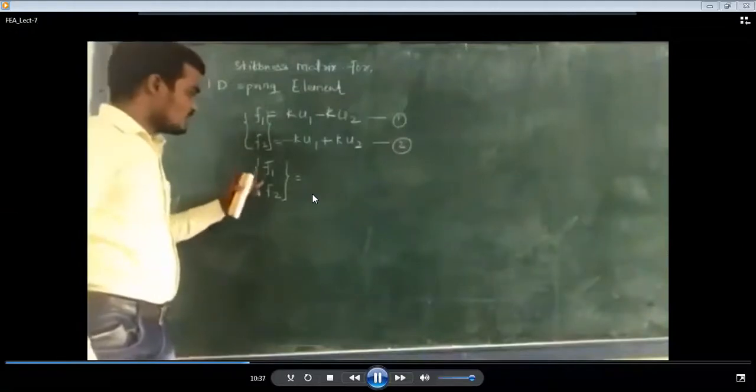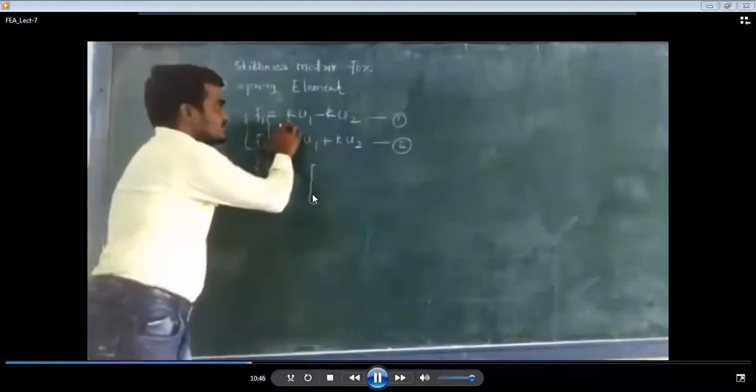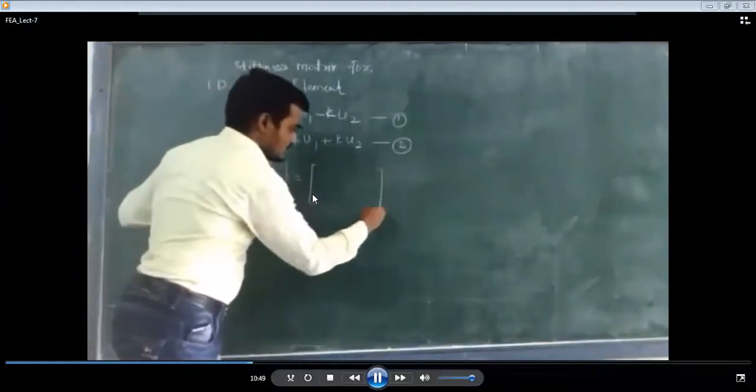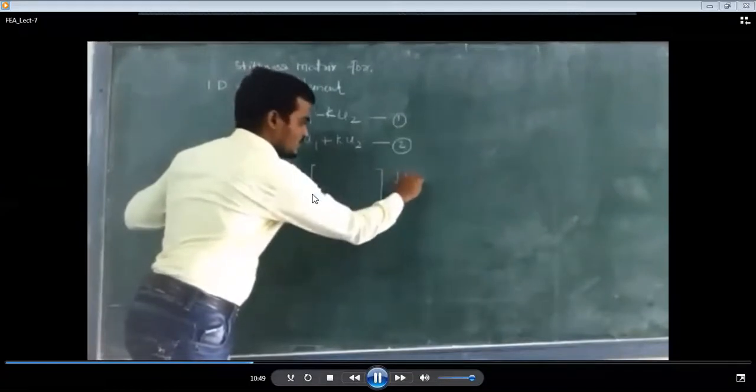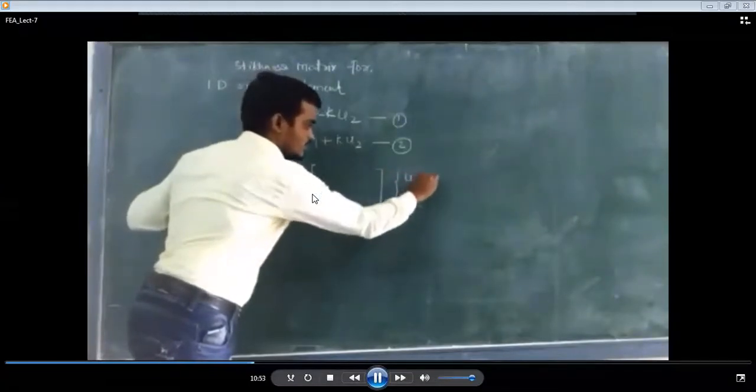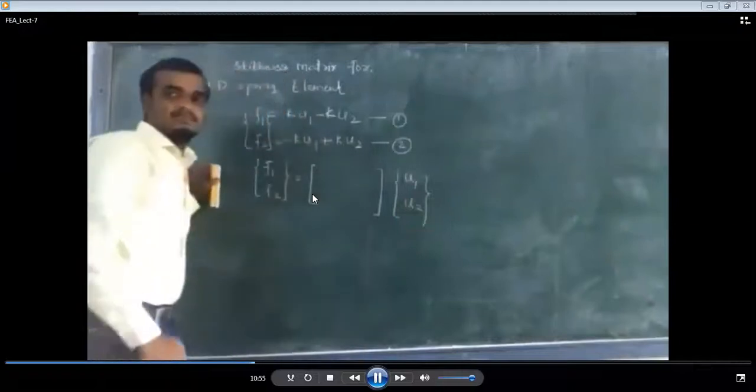Okay, so first one is your force vector. Then on the right hand side, the first term will be your stiffness matrix, and the second term will become your displacement vector u1, u2.